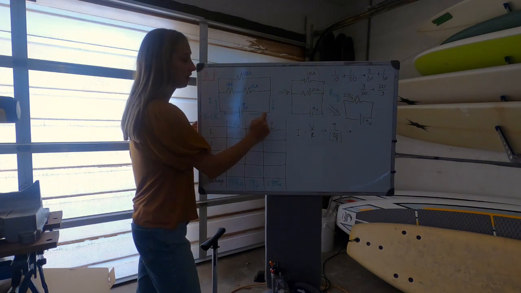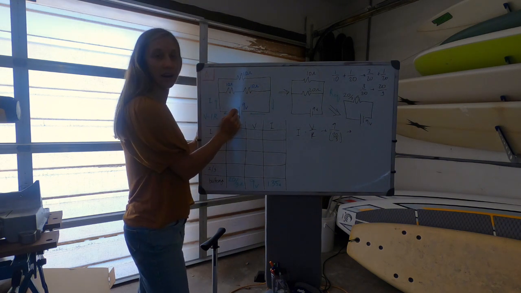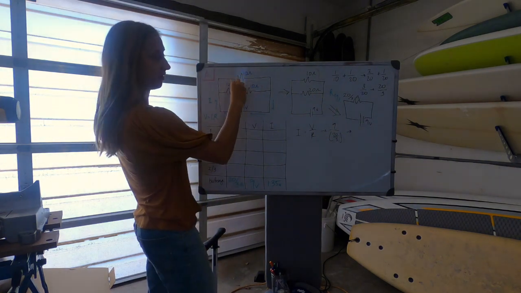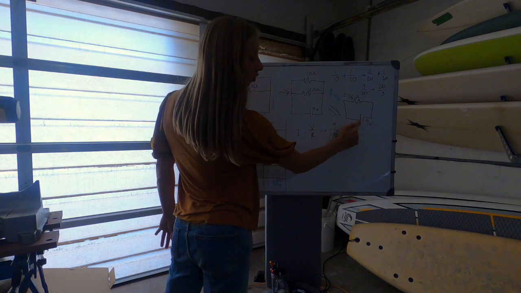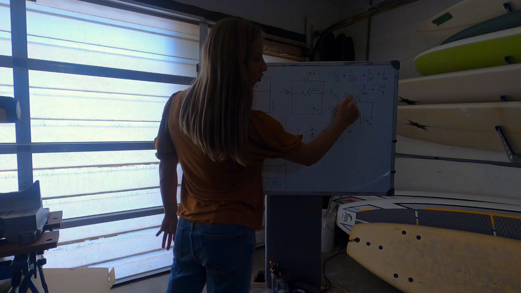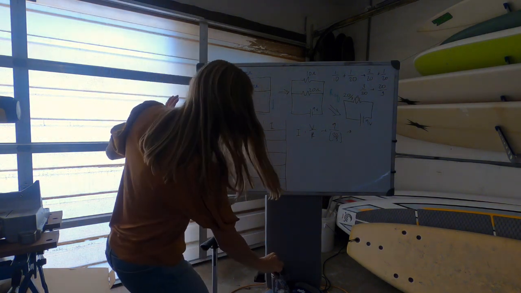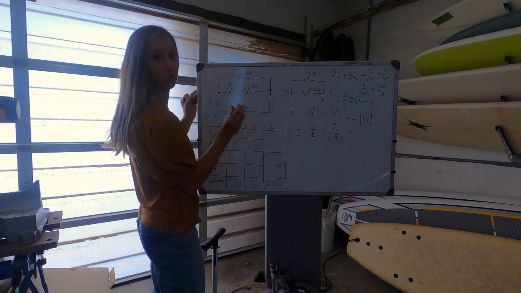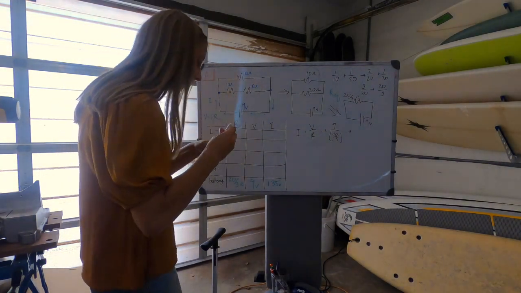And because there's nothing else going on out here, the voltage drop for each branch will be 9 volts. Because, look at this. I simplified all of this to be this one resistor. If I look at this circuit, all of the drop needs to happen across this resistor, which means all of the drop needs to happen from this junction to this junction. So the voltage drop for each branch is 9 volts. So we can fill that in.